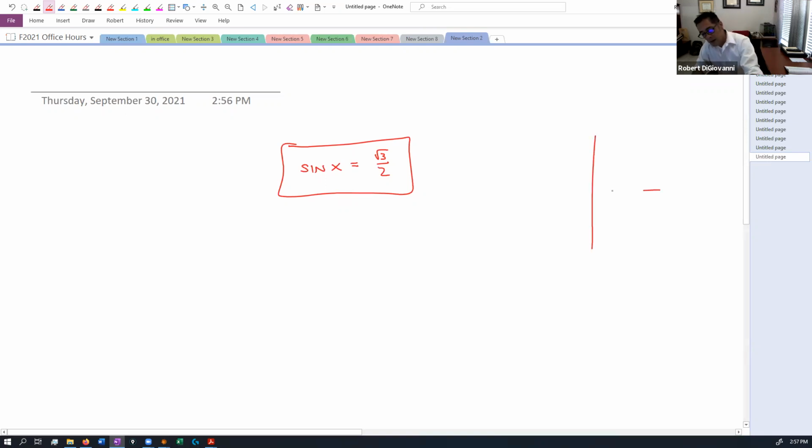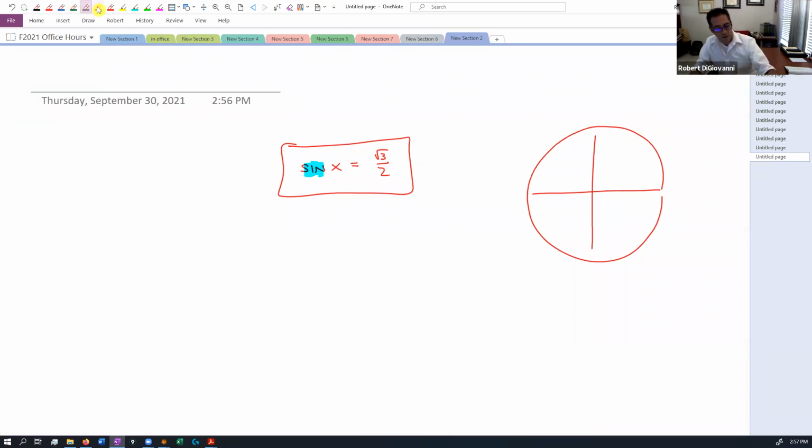So the way that I look at it is, I go back to the unit circle and I think about what the sine function is. The sine function corresponds to the y coordinate of the point on the unit circle. So I'm asking myself, where on this unit circle is the y coordinate equal to √3/2?